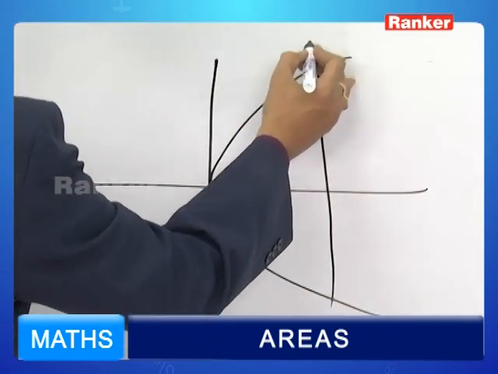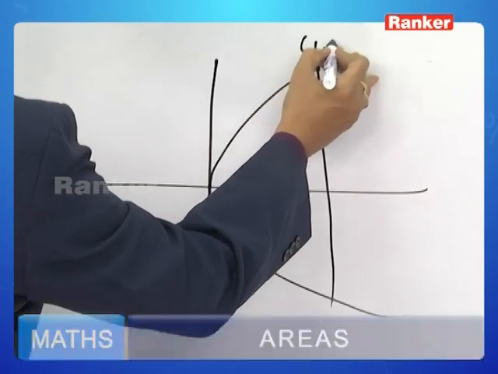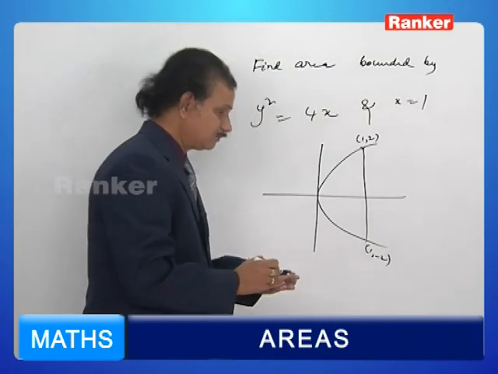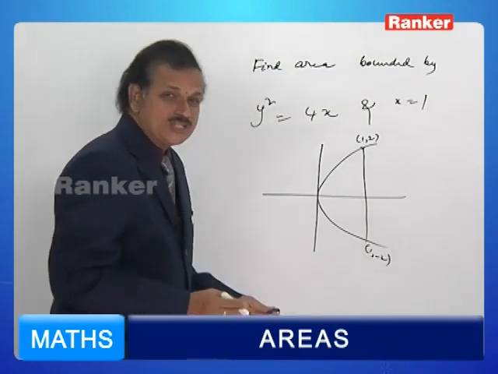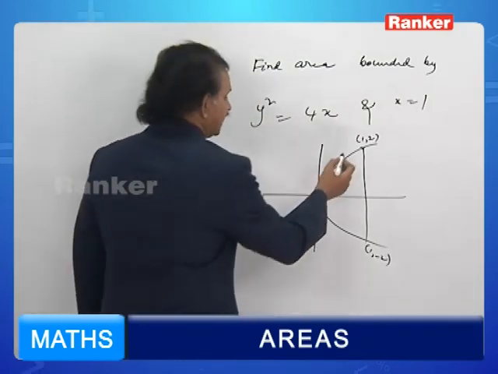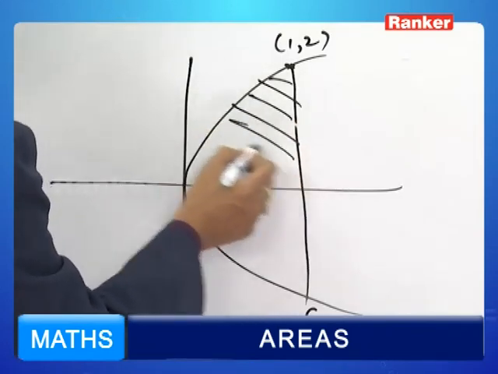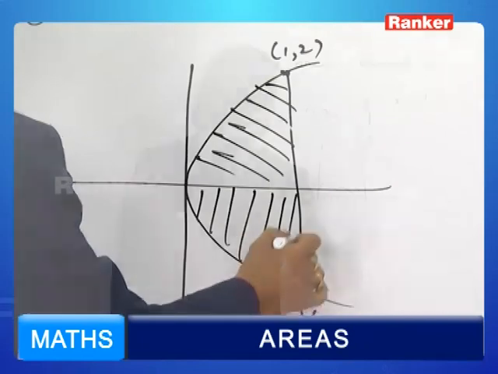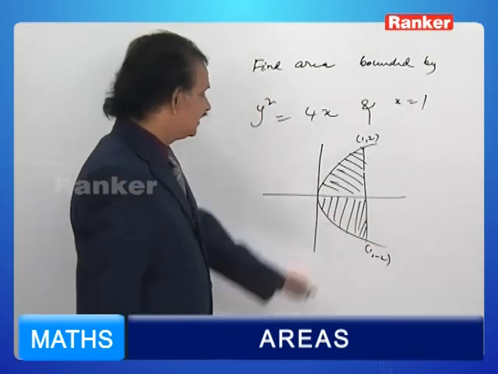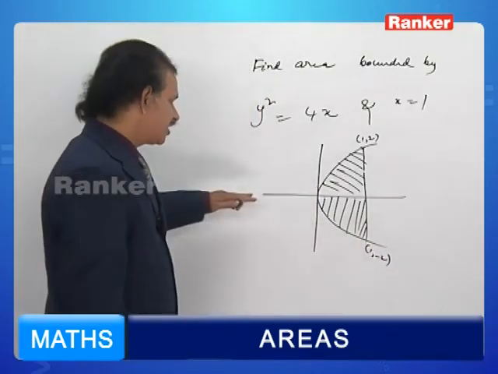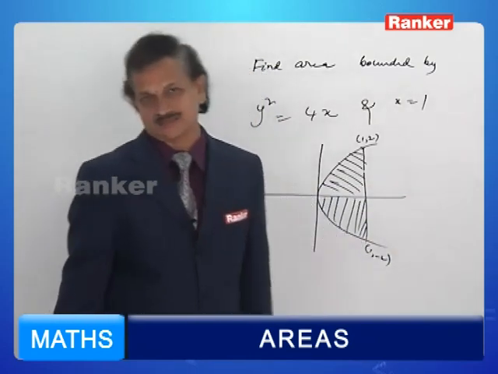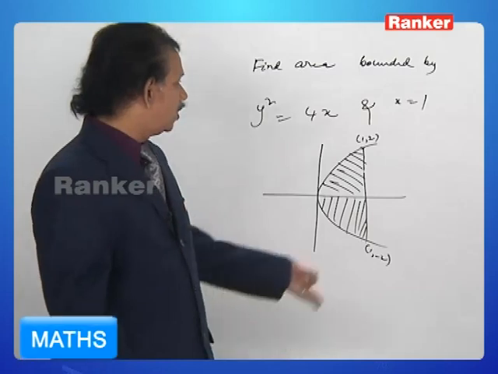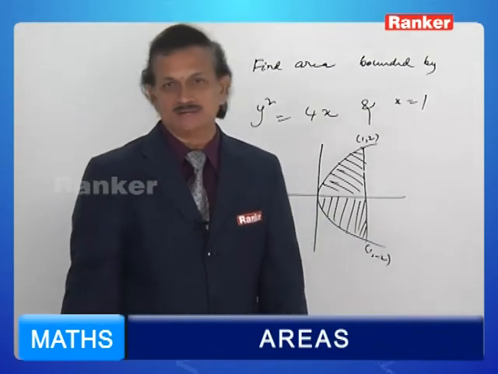This is the point: x is 1 means y is 2, x is 1 means y is minus 2. The thing to be observed here is this area and this area are one and the same because the curve is symmetric about the x-axis. Why should it be? Because it holds even powers of y.